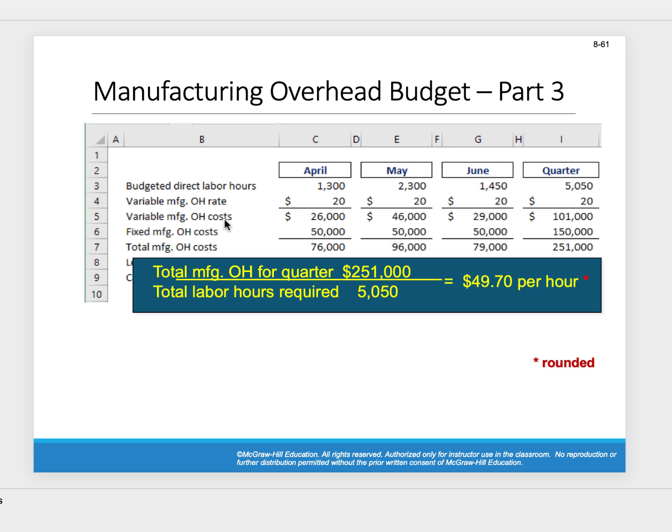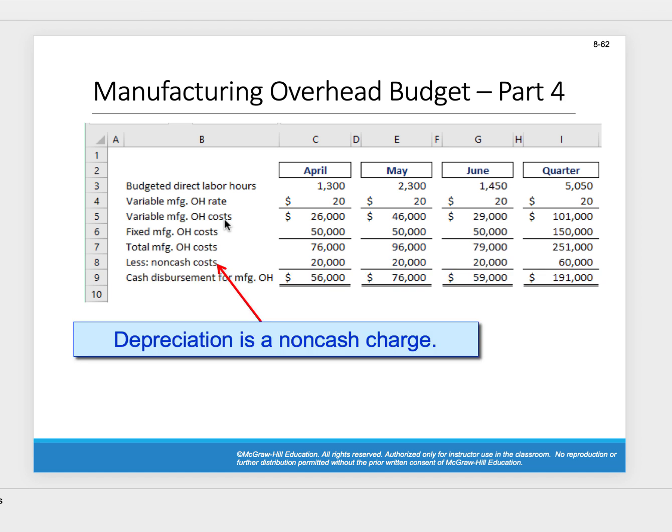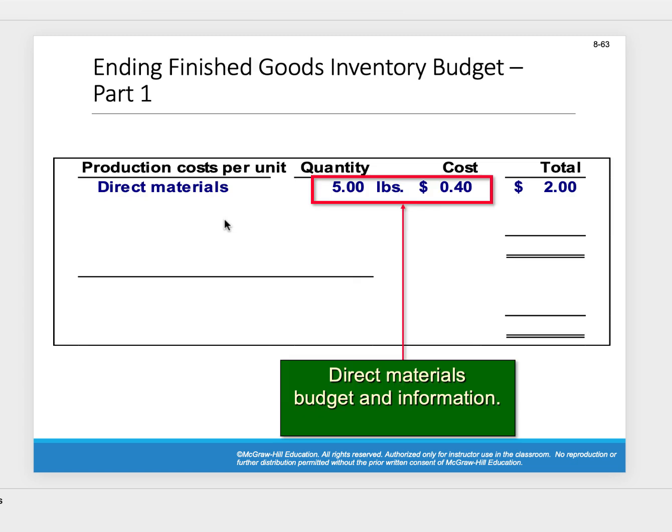Based on direct labor hours, based on this total estimated overhead cost that we have for the quarter. Because we include depreciation in manufacturing overhead costs, however, when we're worried about the cash disbursements for those manufacturing overhead costs, we got to back out depreciation. We got to subtract out that non-cash cost, which depreciation is.